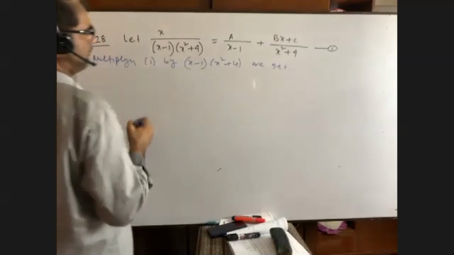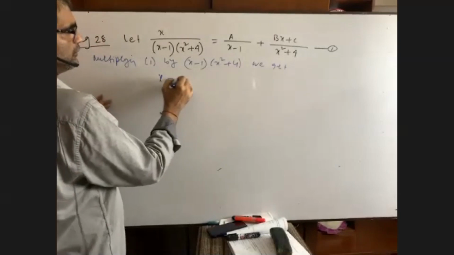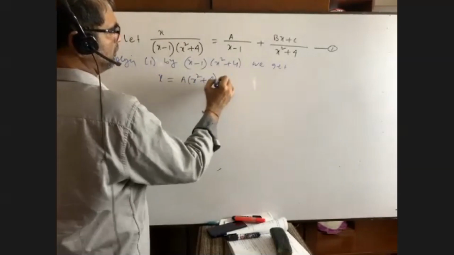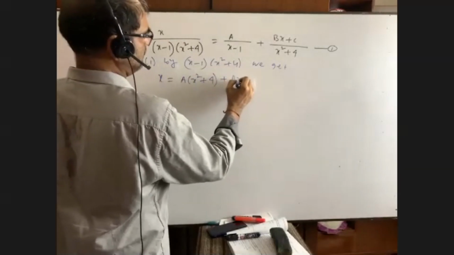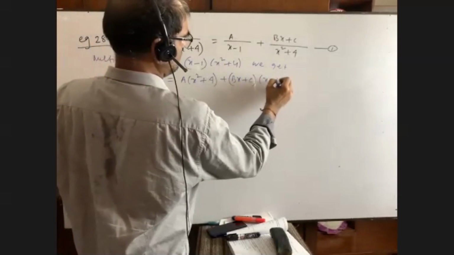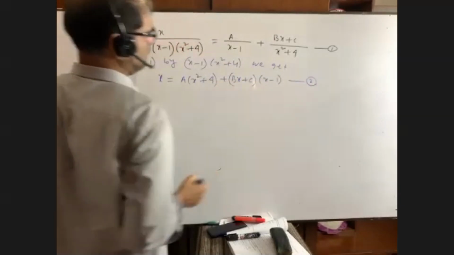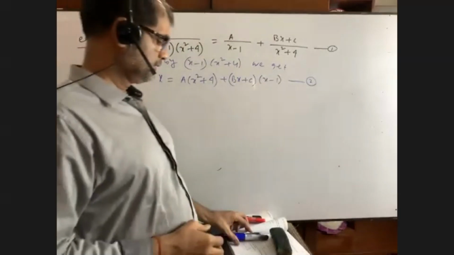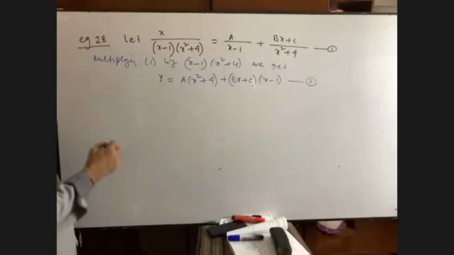Let me know. We get x equals A(x² + 4) plus (bx + c)(x - 1). Now carry on, please do it. What is the value to put here?